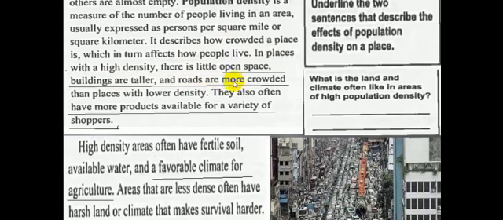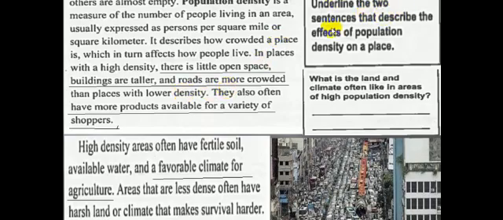So in places with high population density, we will find different things, and that's normal. We will find taller buildings, because there are a lot of people and they need places to stay, and roads of course will be wider and more crowded.